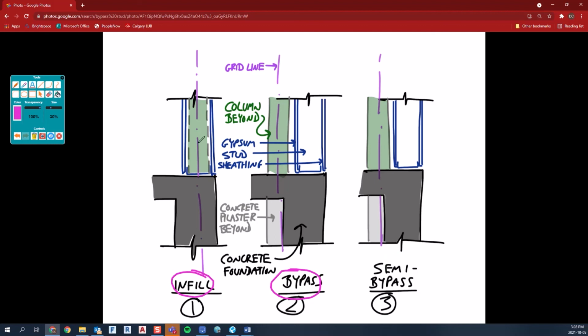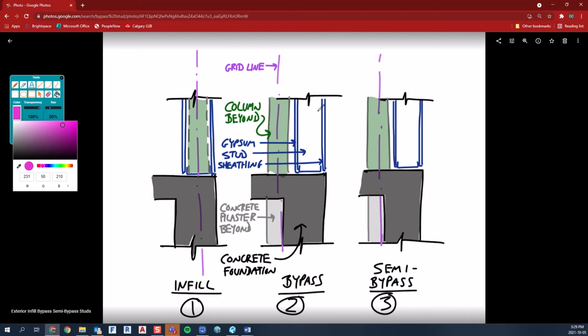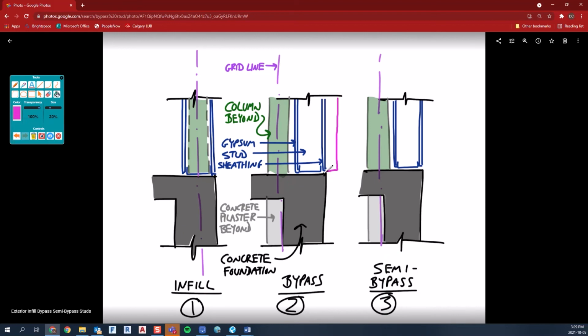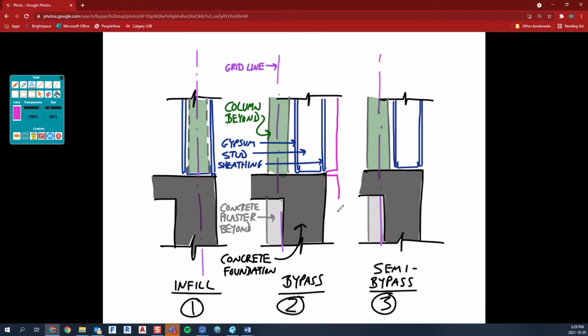So the relationship of the wall to the grid relates to where the column is basically. Whereas if you look at the bypass system, now the column's on the inside, but you're still going to want something below the wall, right? And don't forget, we don't have it drawn in here, but there would be insulation put on the outside of this wall, and you're probably going to want some insulation on the outside of your foundation, and so on and so forth.